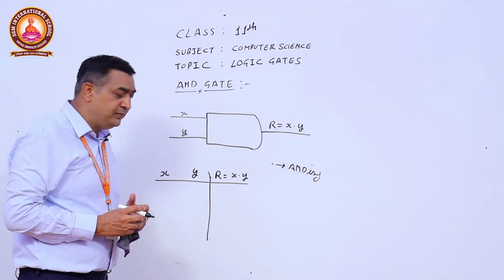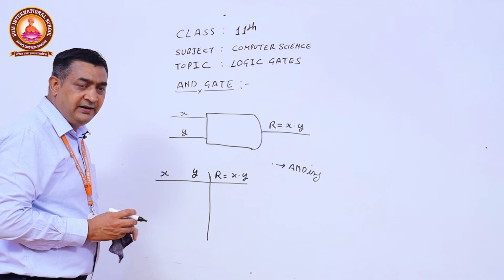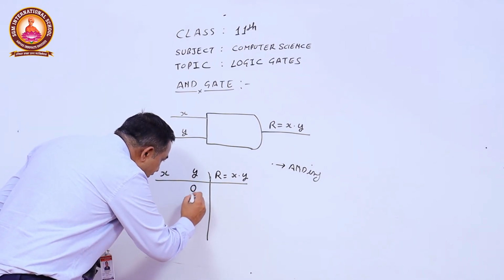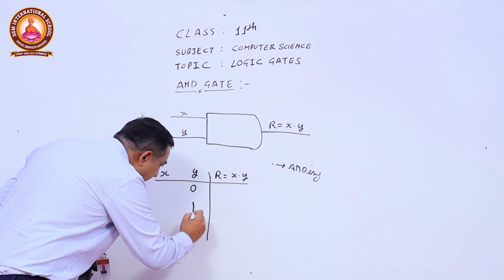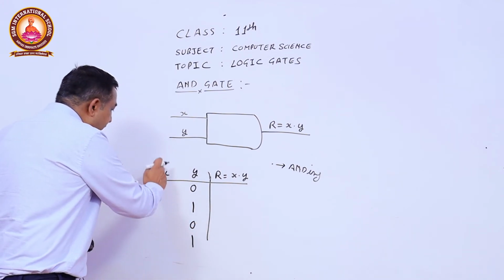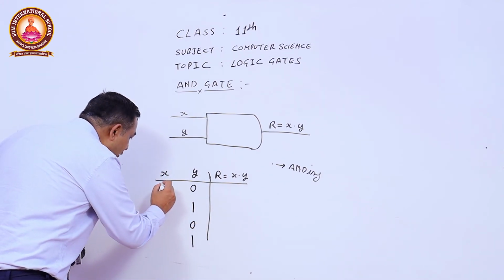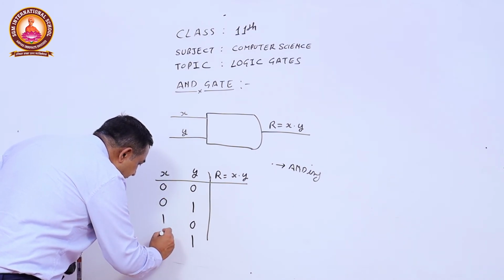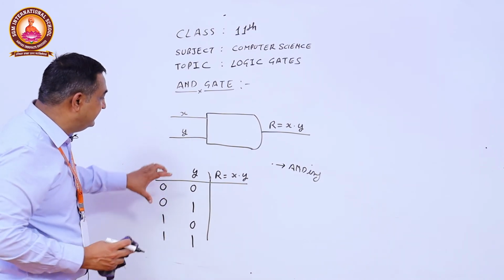So how to write the combinations? Below the Y variable you write 0, 1, 0, 1, again 0 and 1. Below the X write 0 two times, 0 0, 1 1. Now the input side is ready.